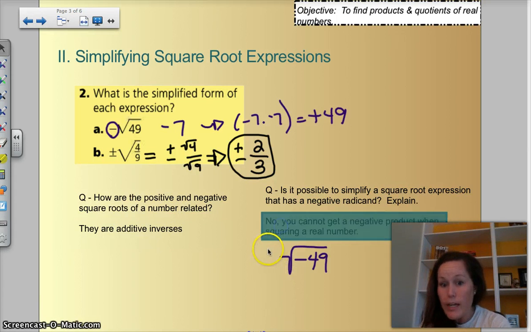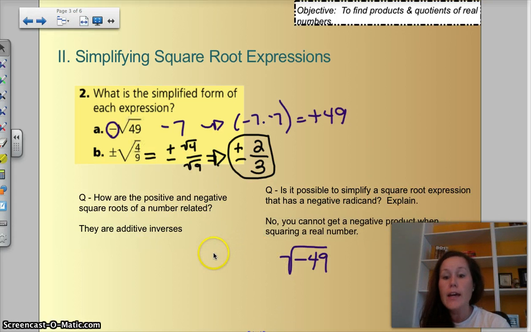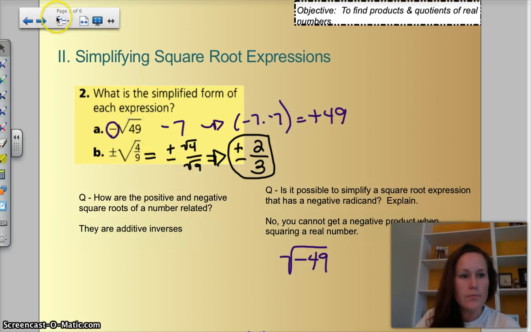Hopefully you said no, because you cannot get a negative product when squaring a real number. I would either have to have a negative times a negative, which is going to be positive, or positive times positive, which is going to be positive. There's no way to get a negative radicand.